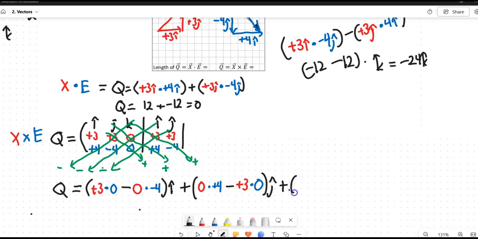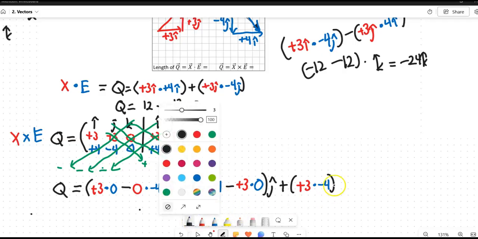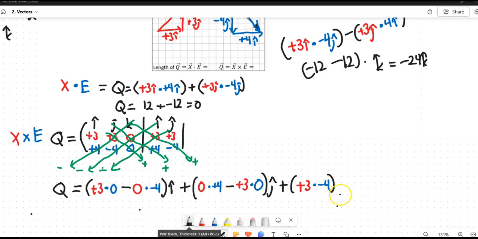Now we're going to add that to the k hat portion, which we're going to start out with k is going to be positive 3 times negative 4, minus k hat is going to be positive 3 times positive 4.